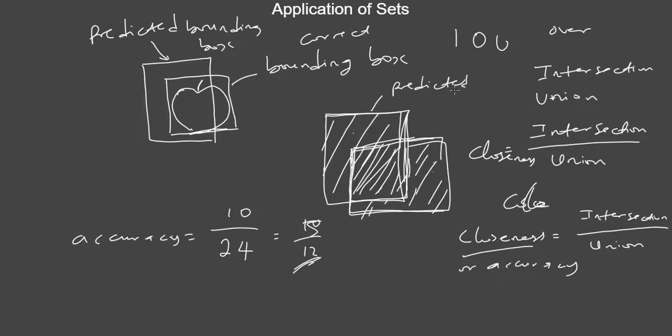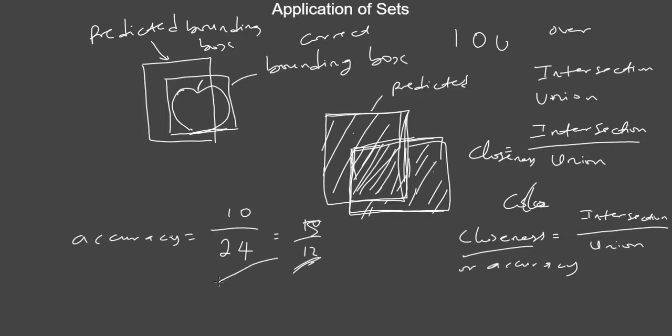So this is exactly how computer scientists or machine learning experts that build object detection software figure out the accuracy of their software. They just use this simple idea of taking the intersection, which is like taking the shaded area of a Venn diagram. Then they look for the area of both rectangles, which is the union, and they divide.